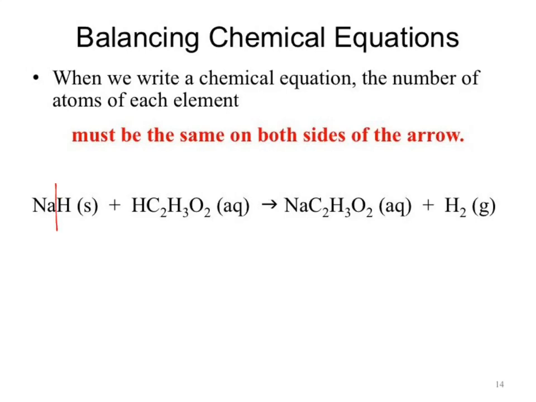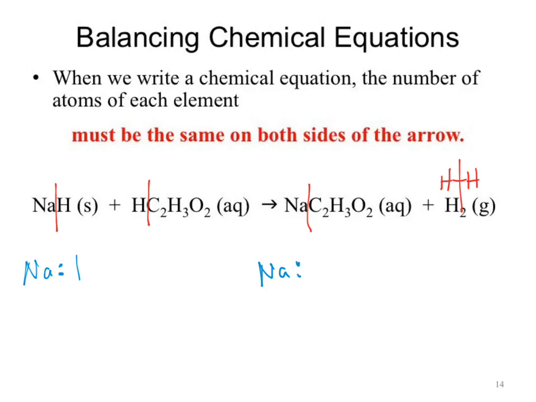So we can break here, and here, here, and this one's a little bit weird because it's not written nicely, and there. Okay. Why go through and break it this way? Well, now when I go through and look, what happened to the sodium? 1, and on the other side, also 1, right?